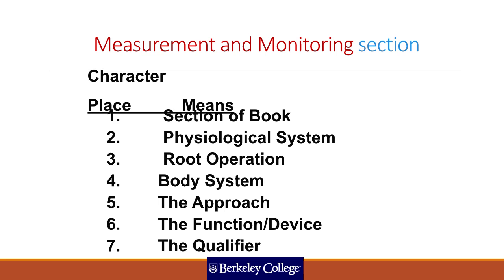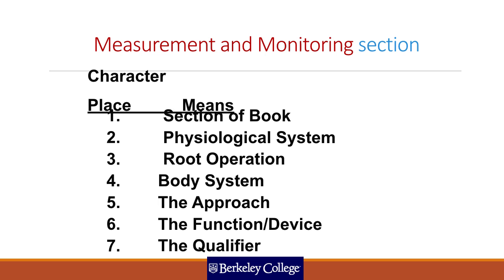Measurement and monitoring section, you can see that the 7 characters that make up a code from the measurement and monitoring section explain some similar things, but other things too. Like, yes, the first character always identifies the section of the book. But in this case, the second character is going to identify the physiological system.